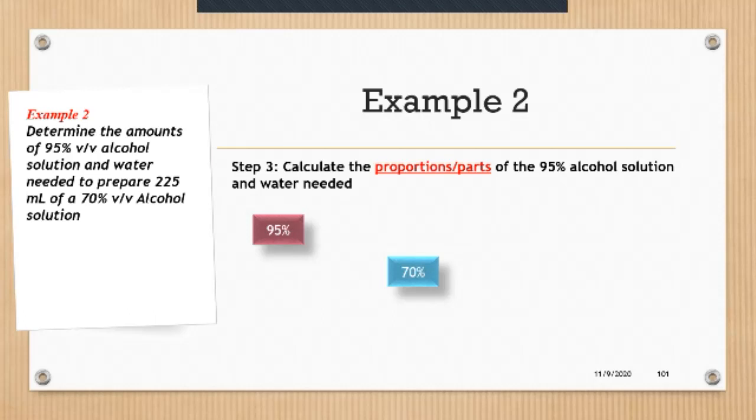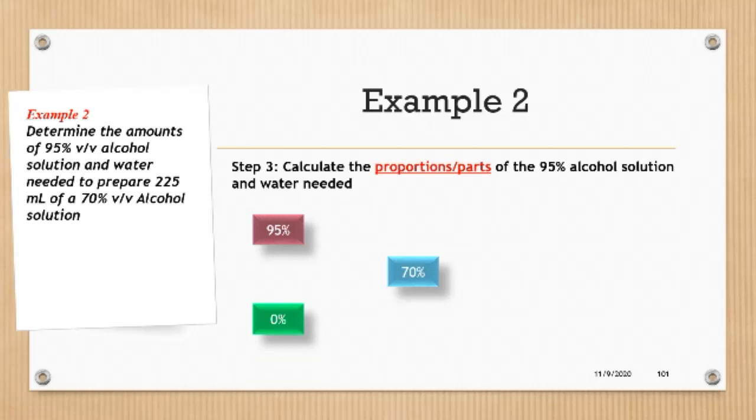What percent would water have? Does water have alcohol in it? No. Water will not have any alcohol contained in it. So the percentage strength of alcohol in water would be, that's right, if you guessed 0, that would have been the correct answer.